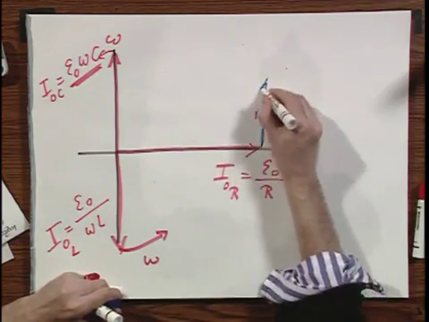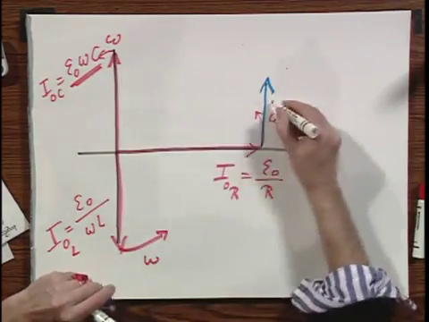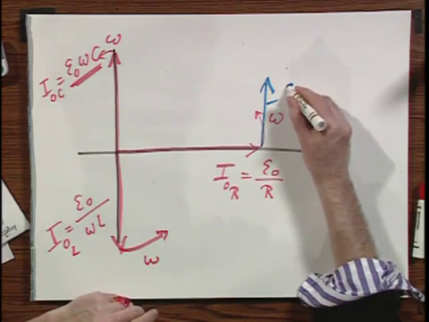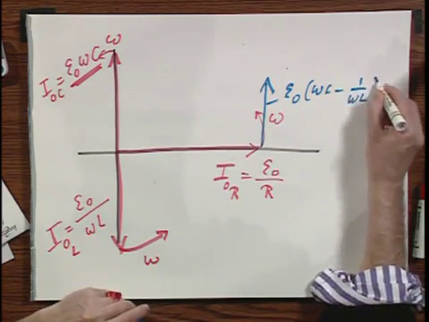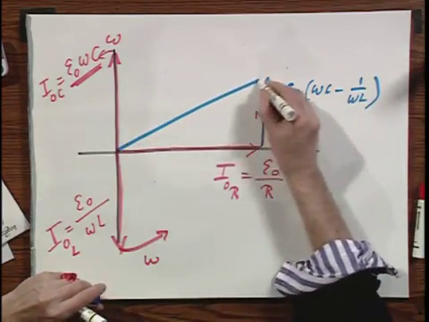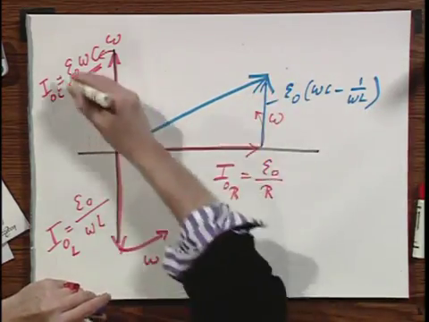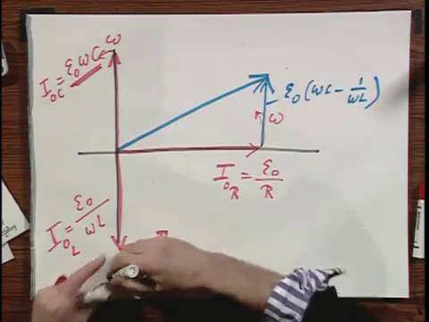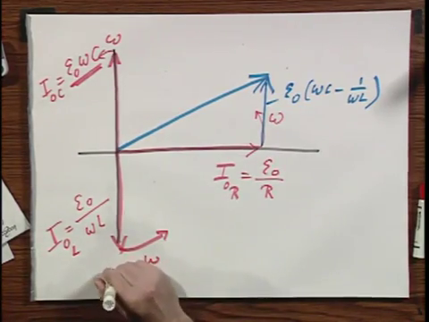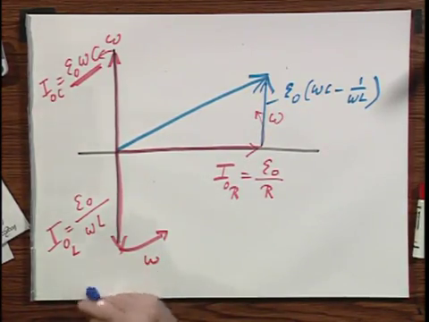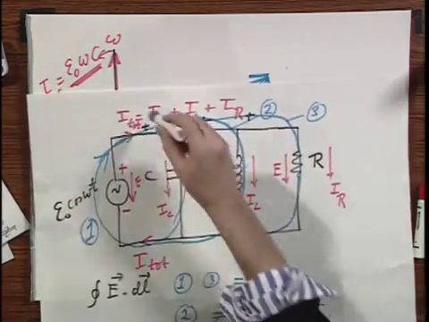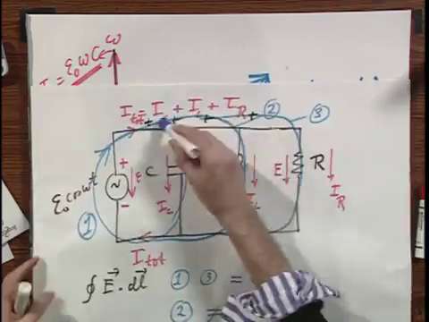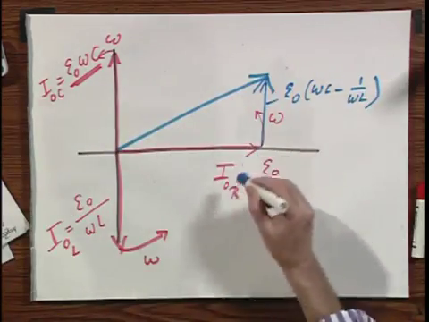So if I add this one to this one, I get here a vector E0 times omega C minus 1 divided by omega L. And so the net vector, adding all these three currents together, and that's what I have to do, because in this case the current through the system is the sum of these three currents, and I add them now, so to speak, in a vectorial sense.